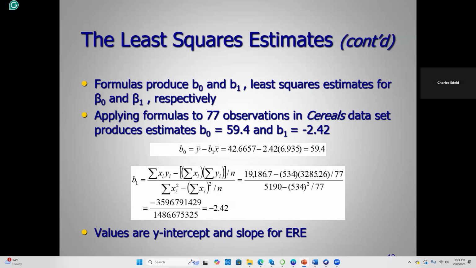We plug in, we know B1, then we get 59.4. This is the y average minus 2.42 times the x average.